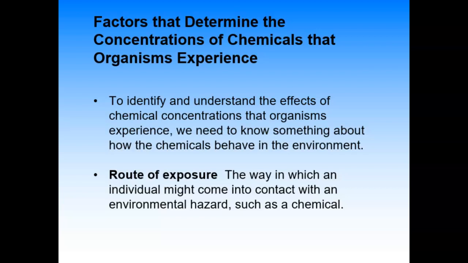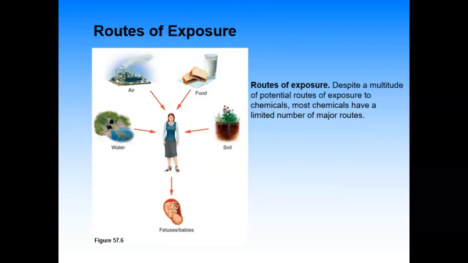We can look at the different types of factors that will determine how the concentrations of chemicals are going to affect different organisms. And we can look at the route of exposure, meaning let's analyze how the individual has come into contact with an environmental hazard, for example, certain types of chemicals.